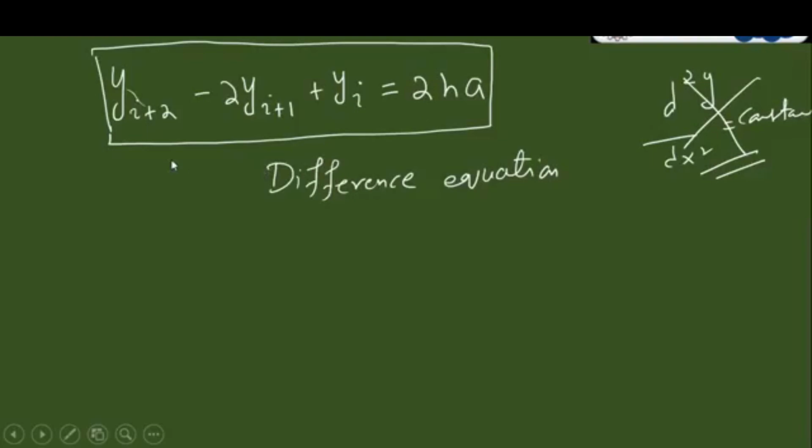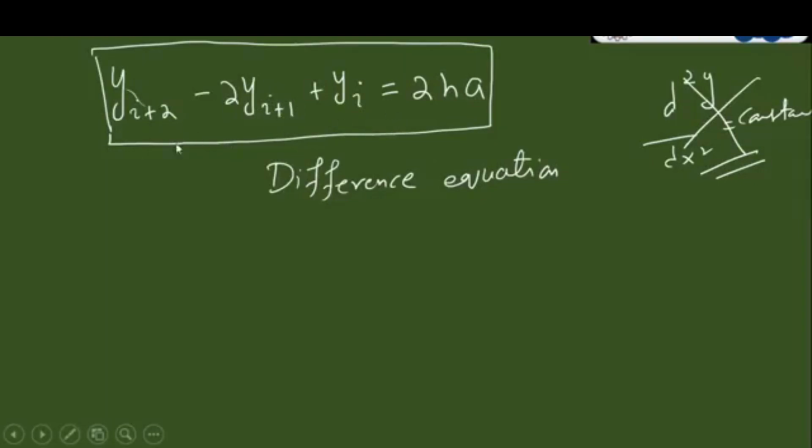This is just one example. In this way, you can construct different rules that define a certain equation on discrete data, and that equation is called a difference equation. We can see here that we have differences involving a discrete data set with reference to the independent variable. The independent variable here is x, but it's not visible because we have converted everything into the form of indices.